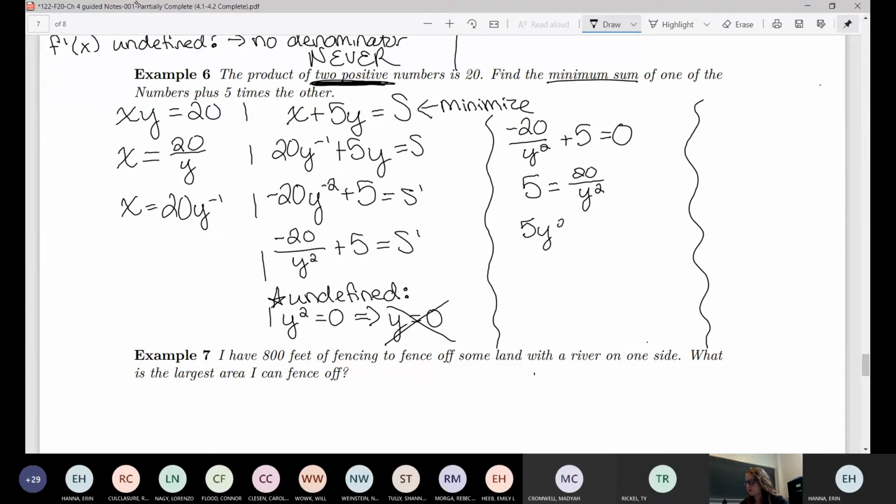So we'll get 5y squared equals 20, divide both sides by 5. Square root both sides. In general, you get plus or minus 2. But we're only taking positive numbers, so we'll just care about the positive 2 and not the negative 2.